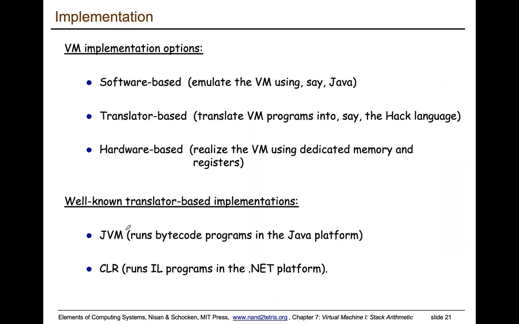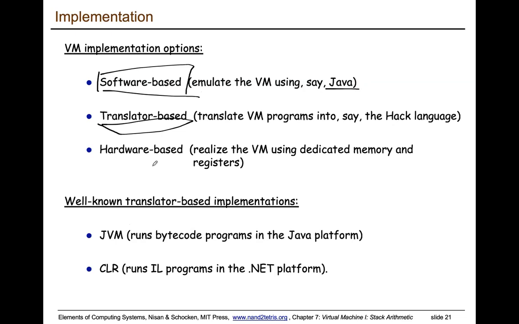The first one is software-based. Probably the most famous one is the Java virtual machine, which is software-based, so it's associated with Java. Software-based is a headache to see inside. So as an example, we will do the translator-based one on our Hack machine.